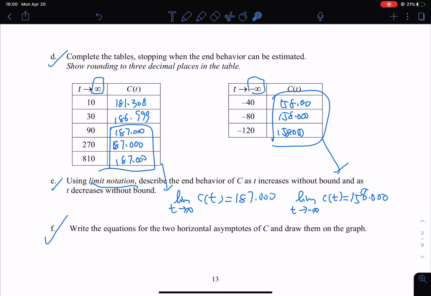If you try to draw the picture yourself, when t is 10, it's right here, it's 181. And then when x goes to infinity, the function value stays the same. Then we have a horizontal asymptote. So the two horizontal asymptotes: one is y equals 187, the other one is y equals 158.